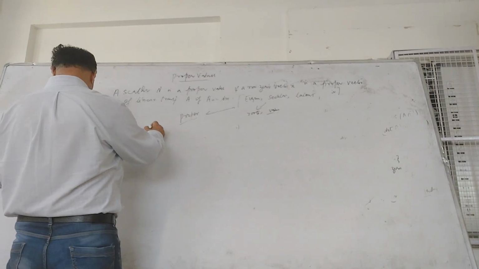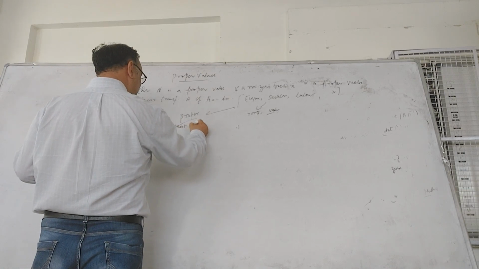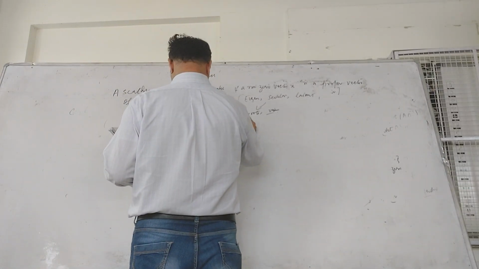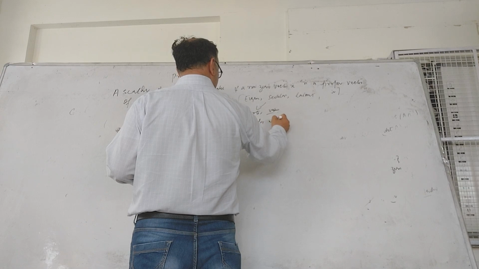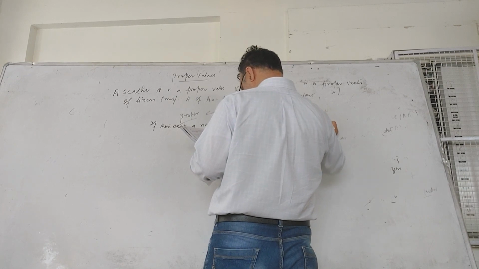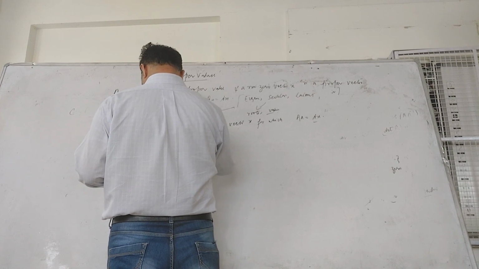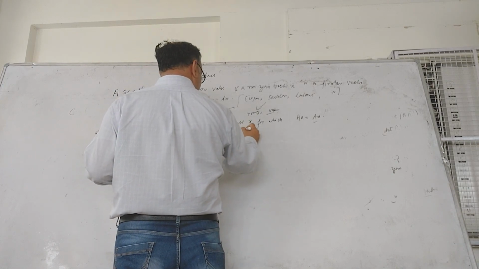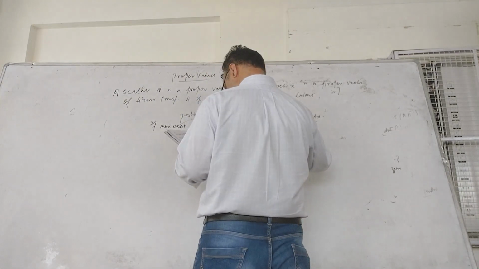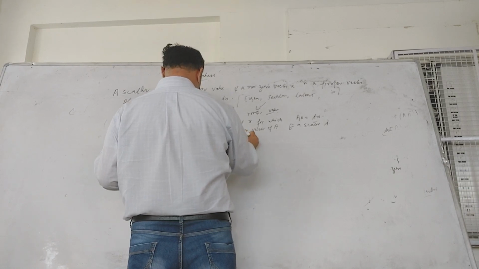And so if there exists a non-zero vector for which Ax is lambda x, then that non-zero vector is a proper vector of A, and there exists a scalar lambda such that Ax is equal to lambda x.